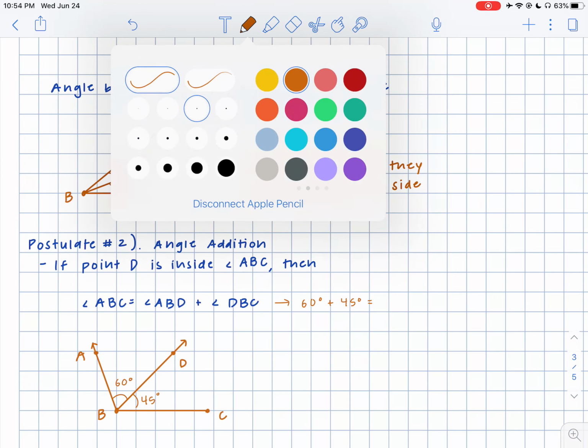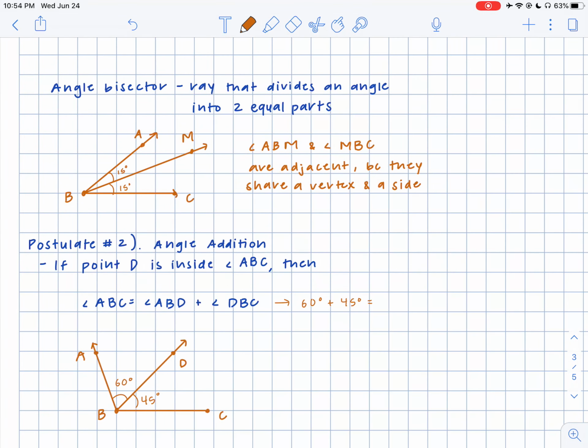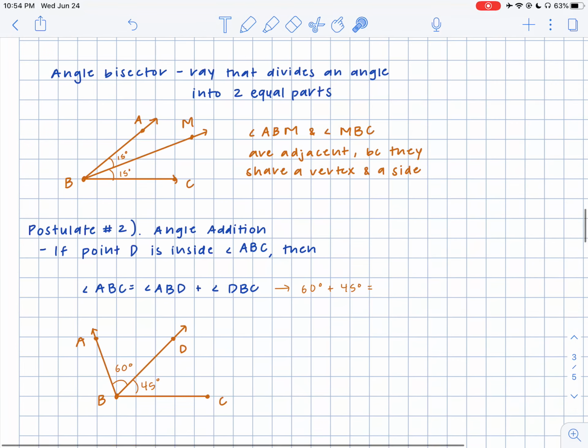In this case, it's where two rays meet. So this is one ray, this is another ray, and they meet here, so that is the vertex. And the two angles also share a side, so this would be the side. That means this angle and this angle are adjacent to each other.